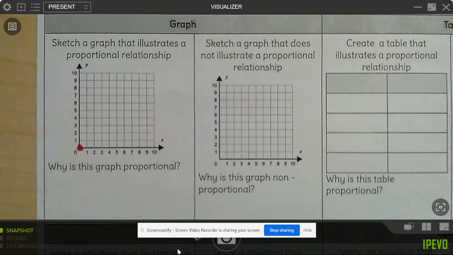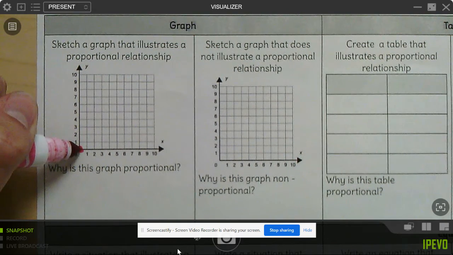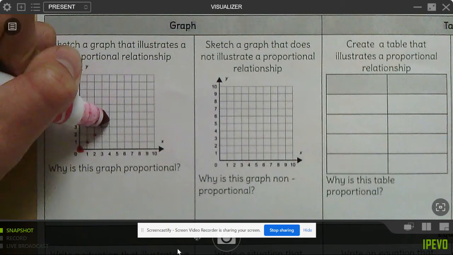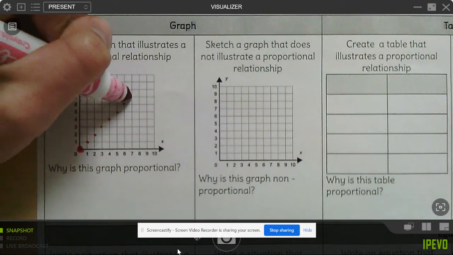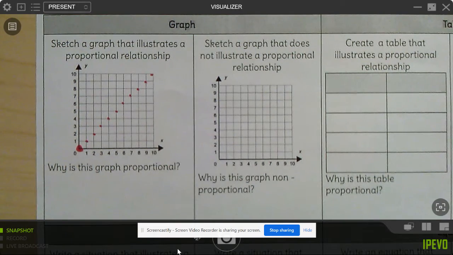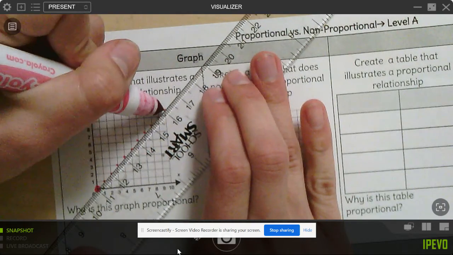So for my example, I'm just going to do a constant of proportionality of 1, so note up 1 over 1. I'm going to make my straight line. Okay, and then you can even use a ruler to connect the dots.